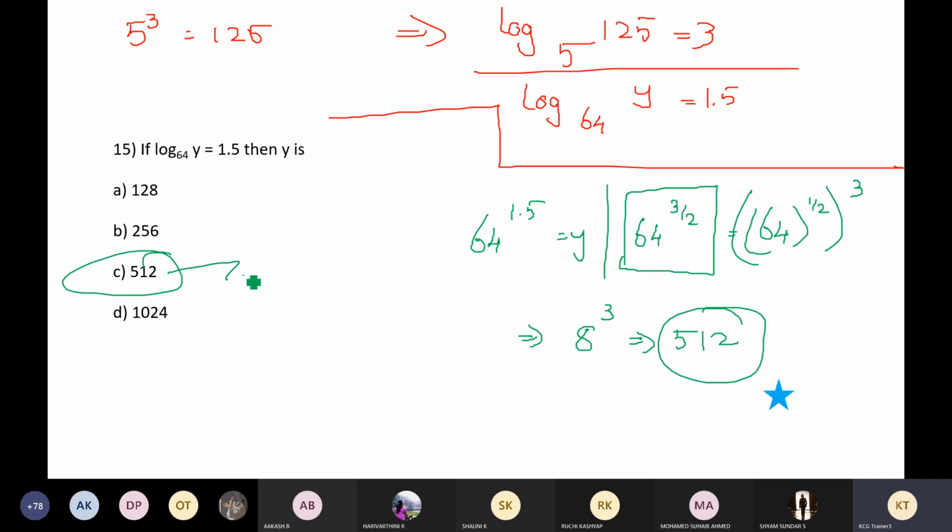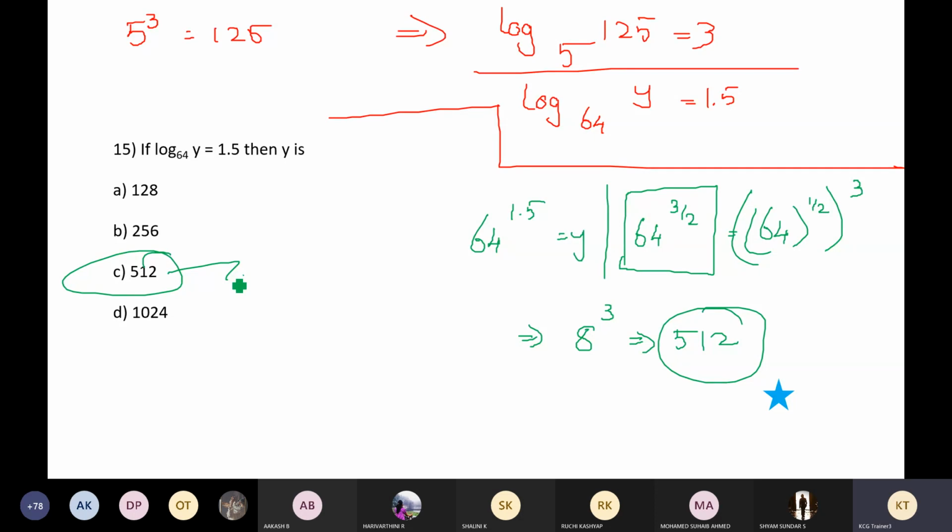Are you guys clear with this question now? Please tell me. Guys, is this question clear?